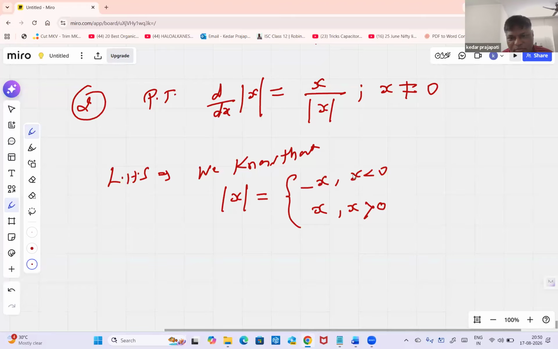Put now x as minus 3. Take x as minus 3. So this will become plus only. So mod value will never be 0. Okay.